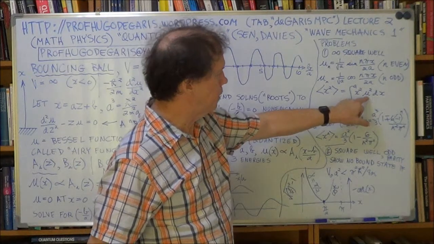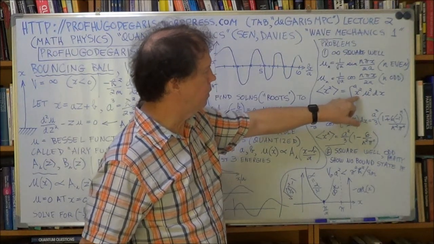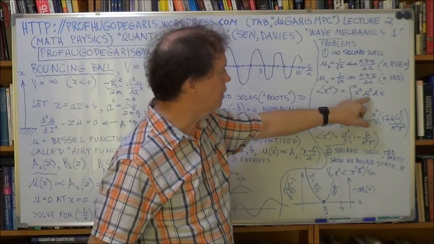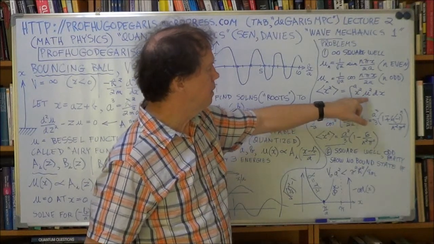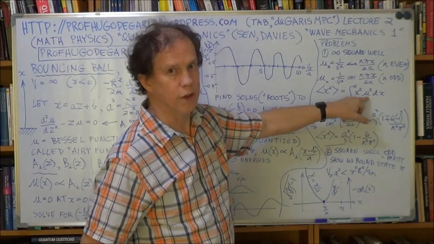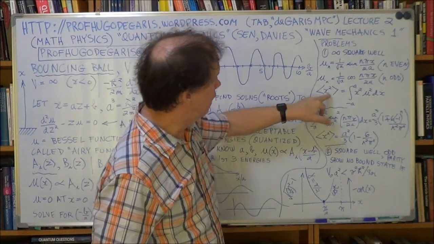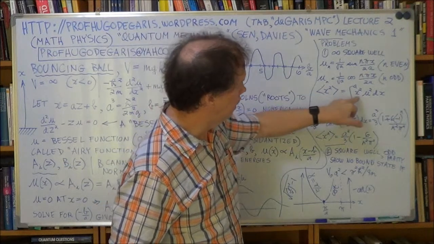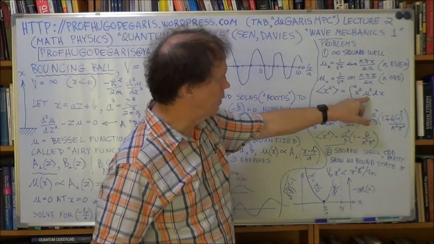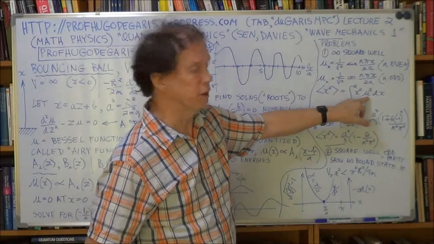So this is the probability density for your function x. Okay, in this case we're talking quantum mechanics, so our probability density is just the wave function squared. So to find the average value of x squared, our probability density is just u squared, the wave function squared.